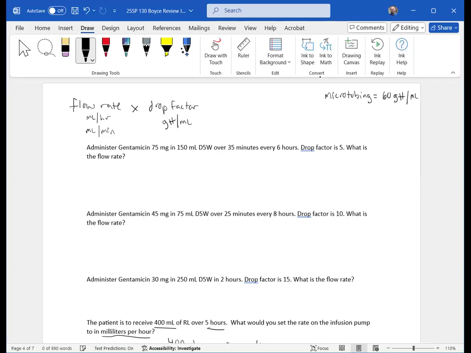I think that's more of an ATI type question, but if they don't provide the tubing information, they're probably expecting that you know it's 60 drops per ml. Otherwise, it should be given to you. When we combine these two pieces of information, we get our drop rate, which is GTT per minute.